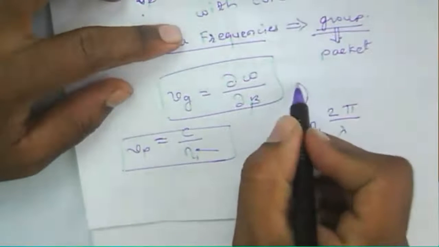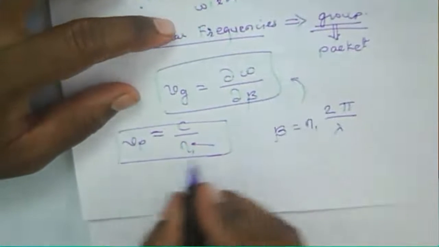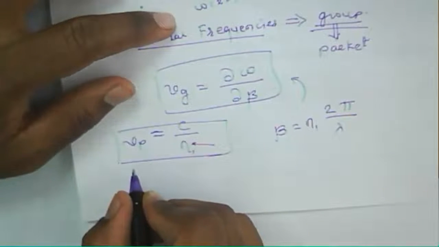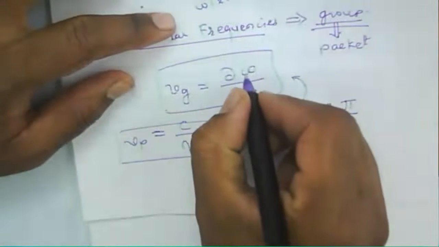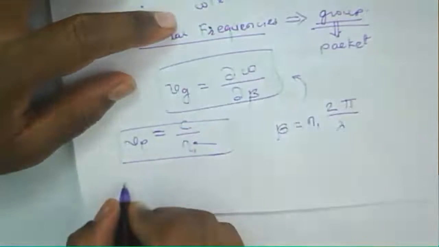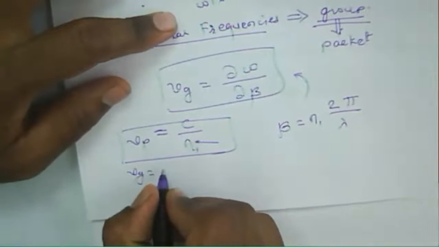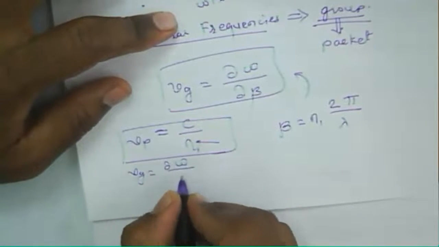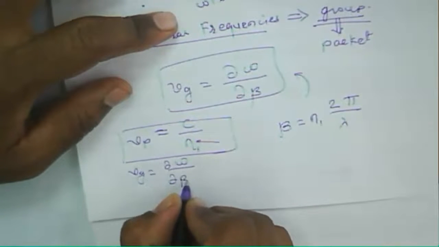We can obtain the equation of the group velocity. If you solve it with respect to beta, we get the equation of the group velocity. Here we say d omega by d beta.